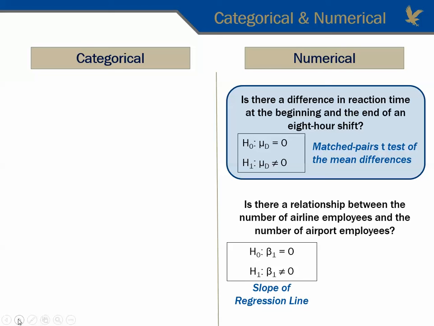A slope of 0 would mean that there isn't a relationship between the two variables, so we test to see if the slope from the equation generated by the sample is significantly different from 0. The test for slope uses the F distribution rather than Z or T, which is why it is often left for a second course in statistics.